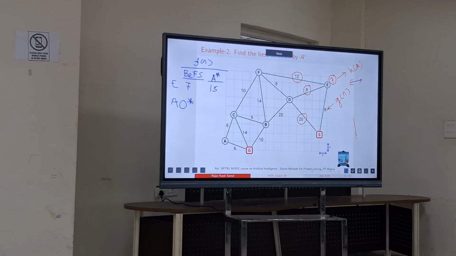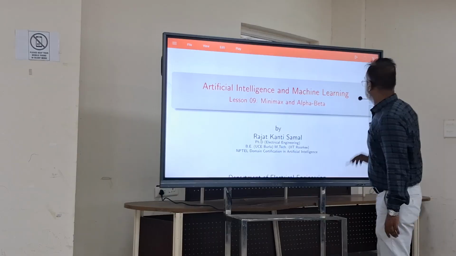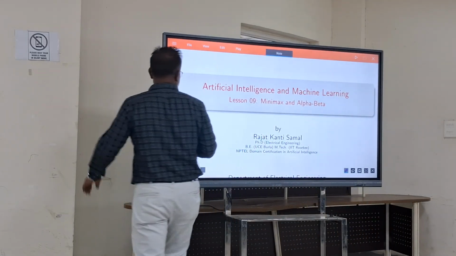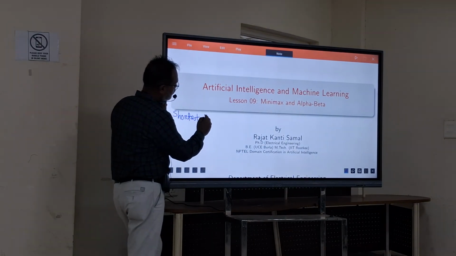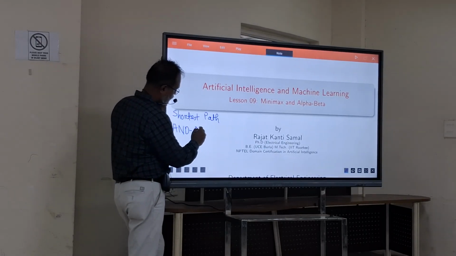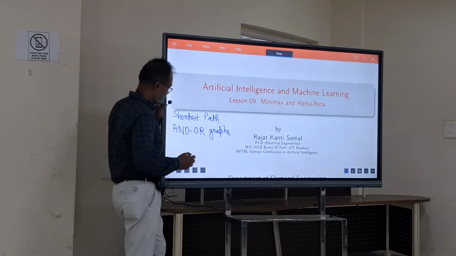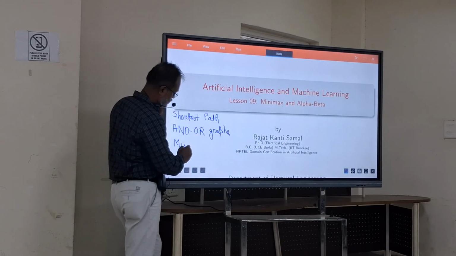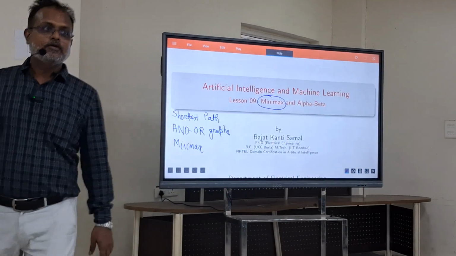One is shortest path, the second is AND OR graphs, and the third is Minimax.